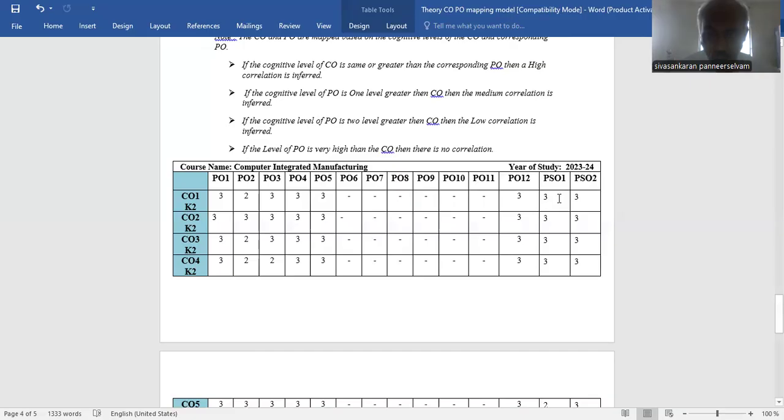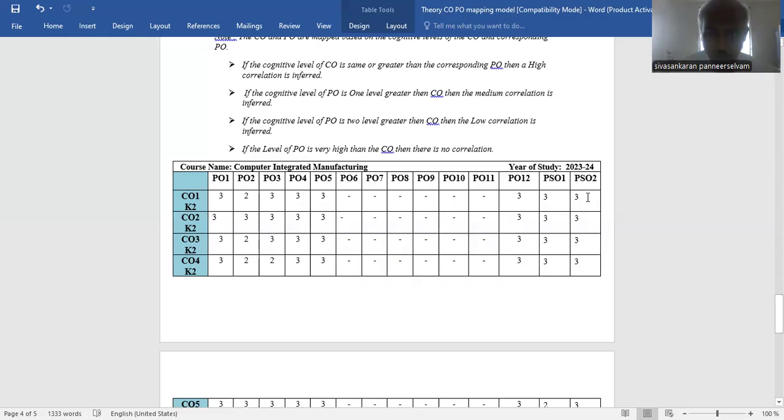Then coming to the program specific objectives, mapping of PSO1 with CO1. PSO1 tells about fundamental learning, basic knowledge of mathematics, physics, and applied engineering concepts. Yes, this also has high correlation with CO1.